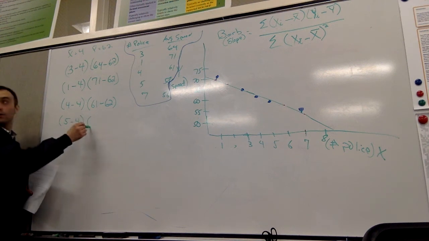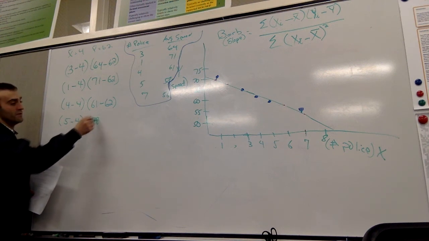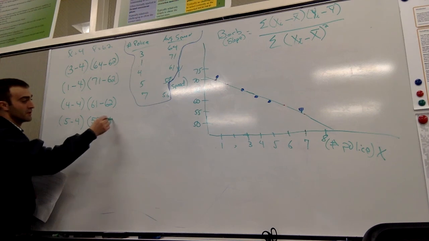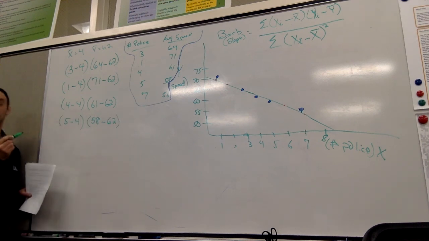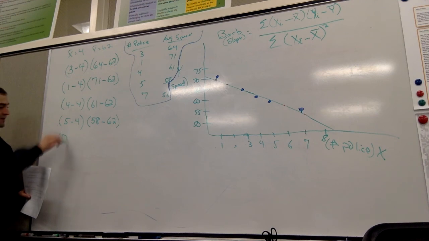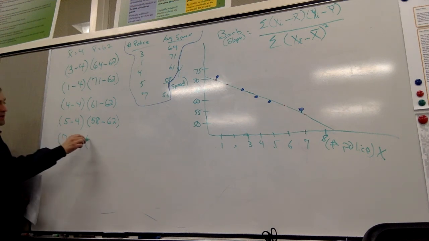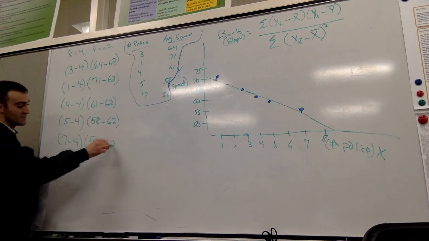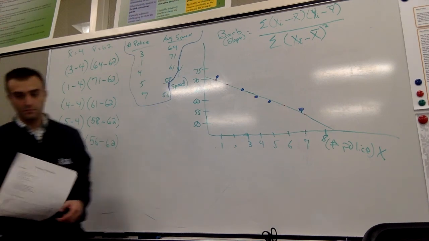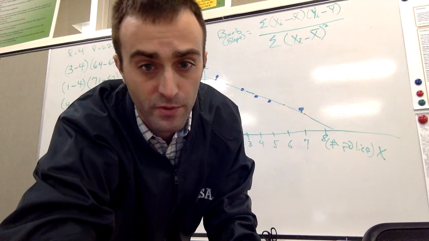Corresponds to an observed value of y of 58 minus our y bar of 62. And then finally, we have an x value of 7 minus x bar of 4. Multiply that by our y value of 56 minus the mean of y of 62. Double check that this is recording. Yes.